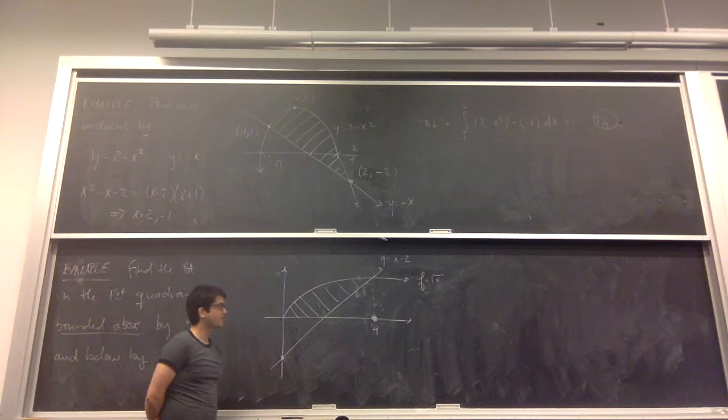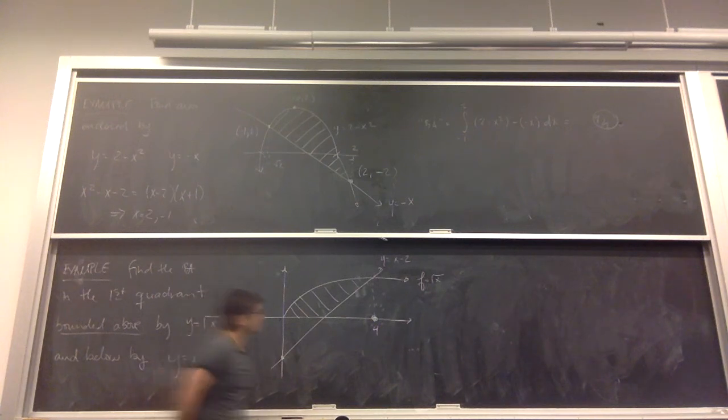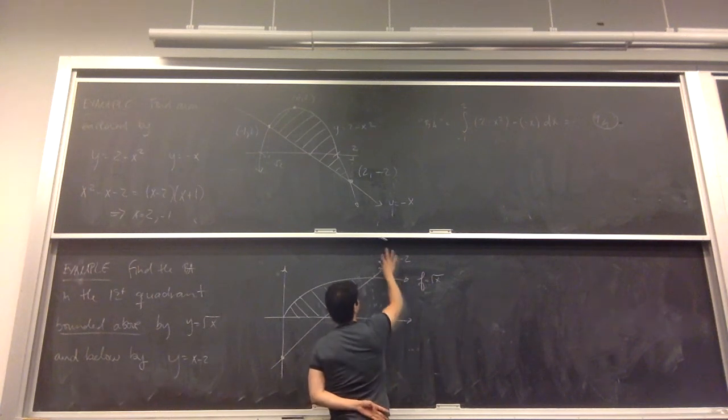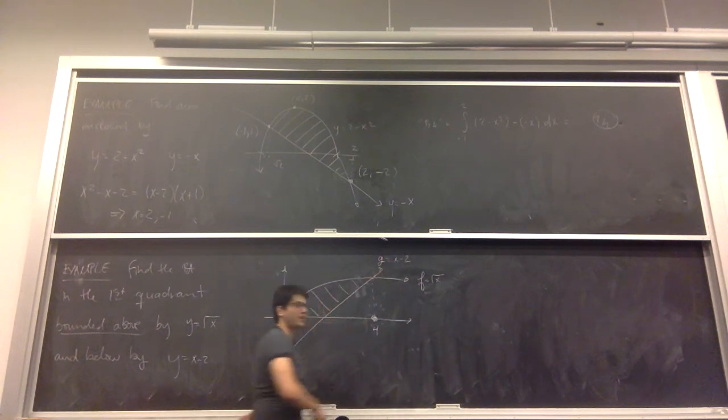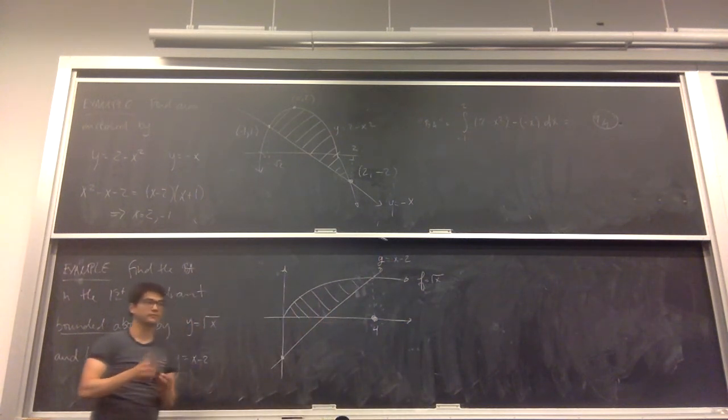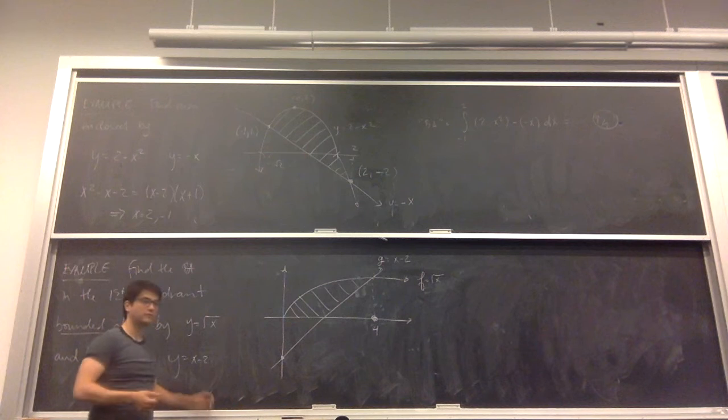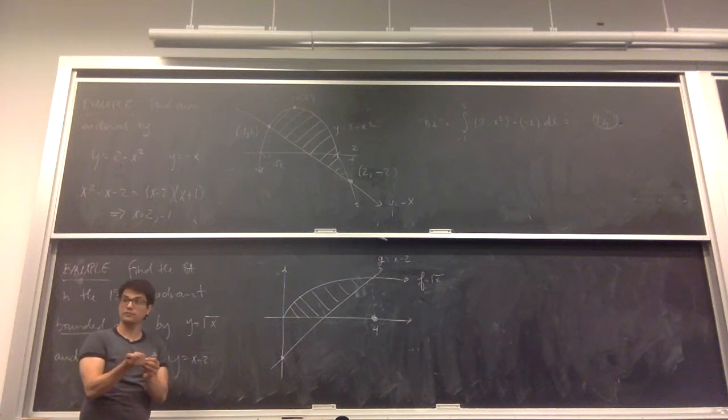Okay, so we need to set up some integrals, right? So we'll call this one f, the square root. Let's call this one g. Tell me the integral that you need to do. Even if it's wrong, we can correct it.